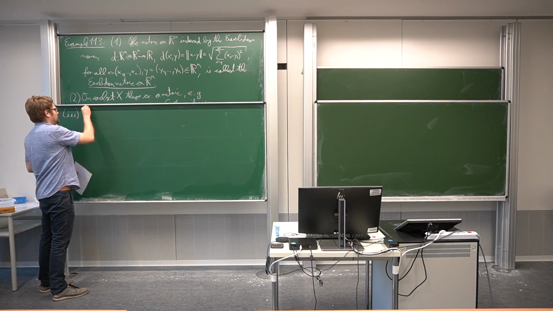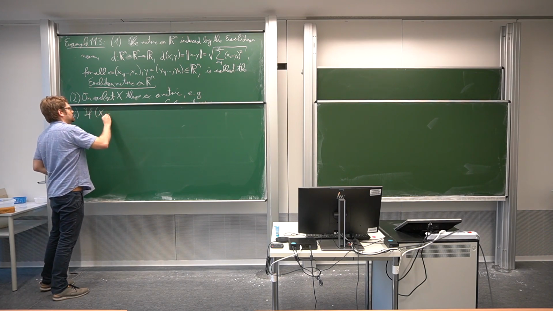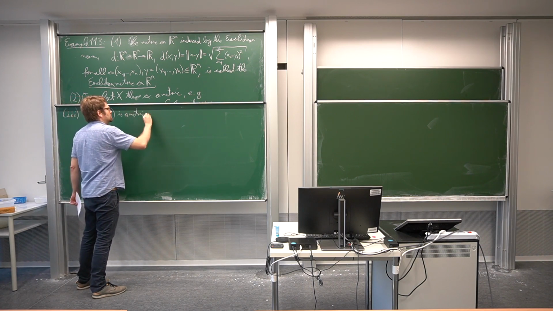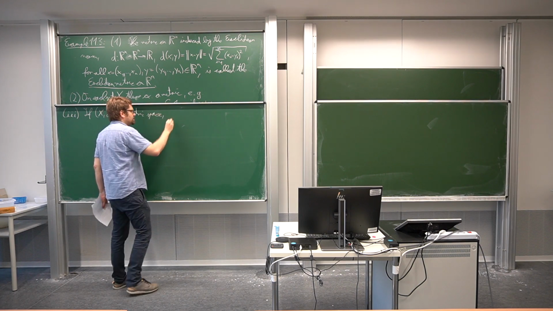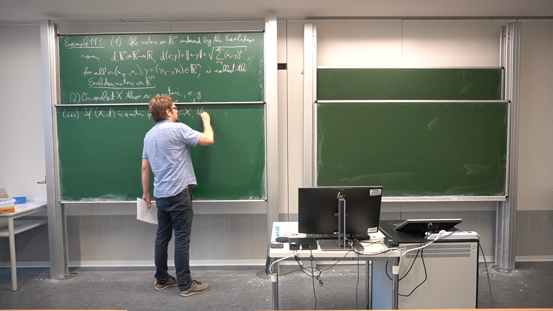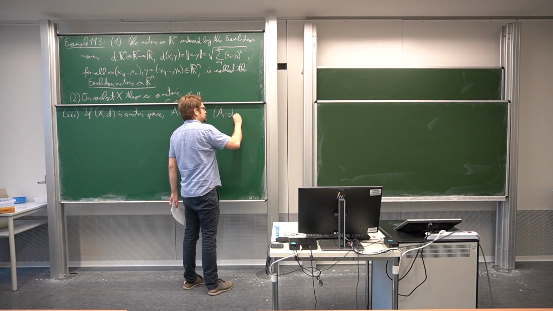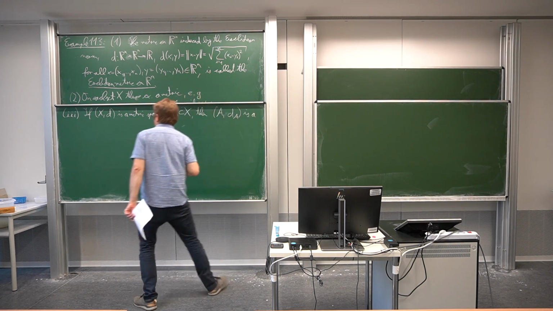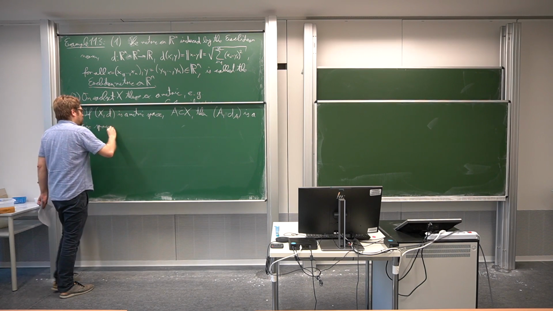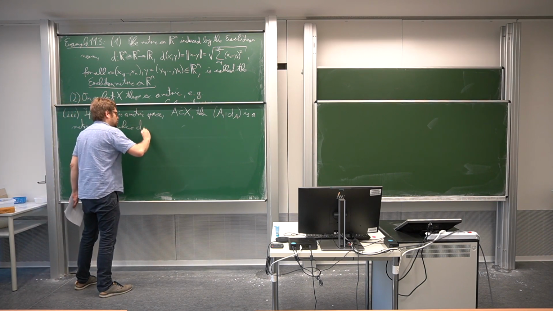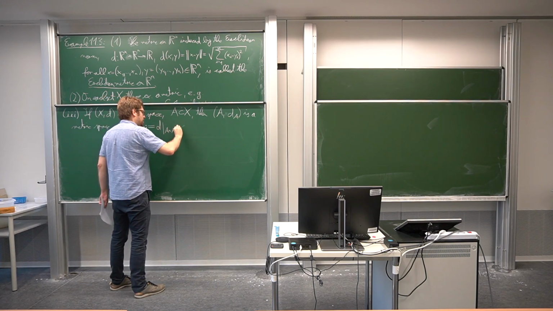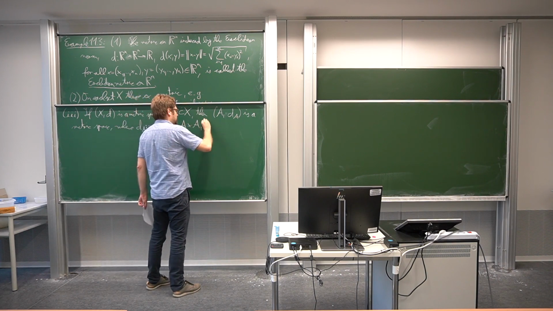So if (X, d) is a metric space, so assume we have already a given space, and we take an arbitrary subset A of X, then A with a restricted metric is also a metric space, where dA is just the restriction of the metric to points in A. So the restriction of d to A cross A as a map from A cross A to R.